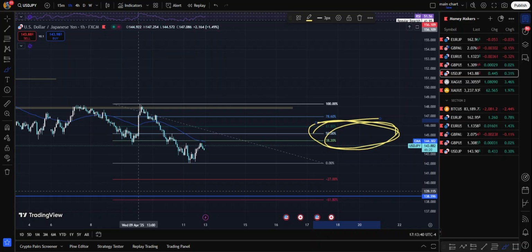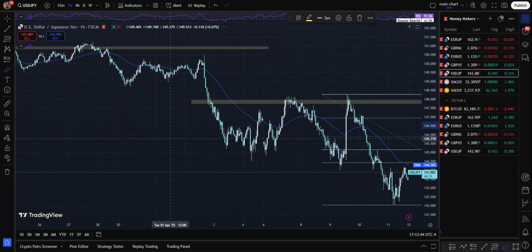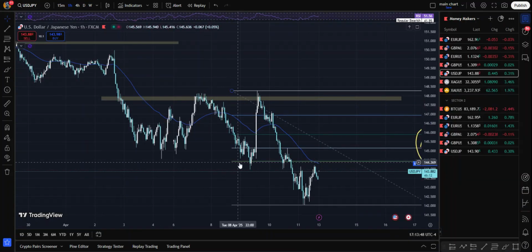Coming in on the smaller time frame, you can see a little bit of a pattern, a candlestick pattern, or a trading pattern, and that is a double top. We have a double top on the resistance area on a 1 hour time frame, which is good enough for me.